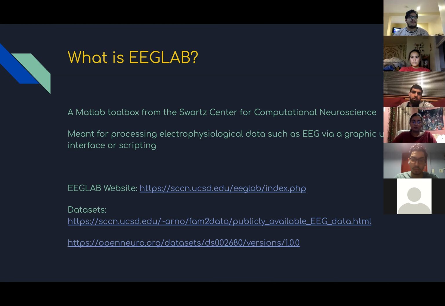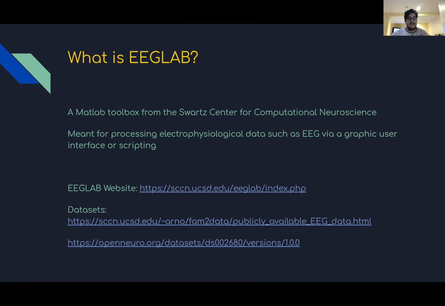Sounds good. All right. So moving on to what is EEG Lab. EEG Lab is a MATLAB toolbox developed by the Swartz Center for Computational Neuroscience. It's a very well documented, very well used and funded toolbox, and it's pretty straightforward to use, but it's meant for processing electrophysiological data such as EEG.